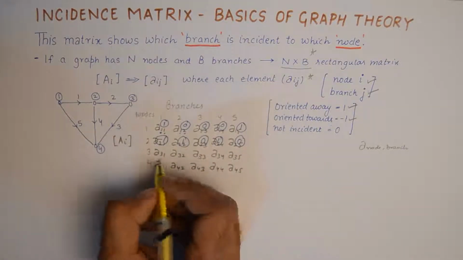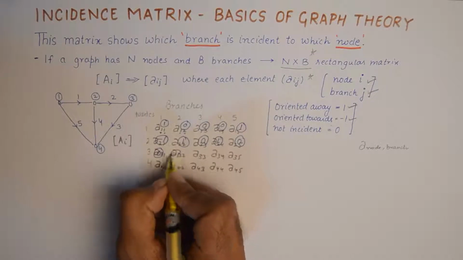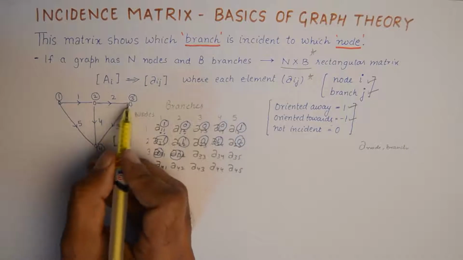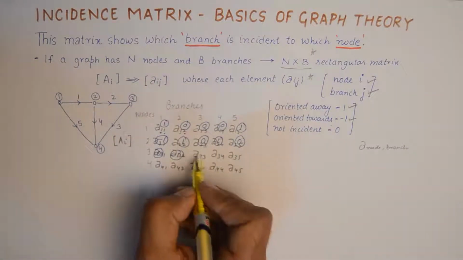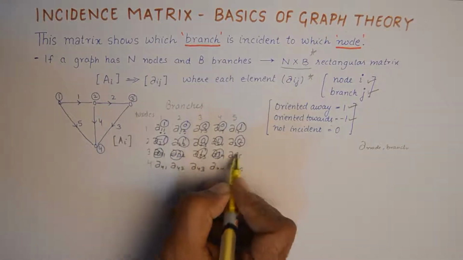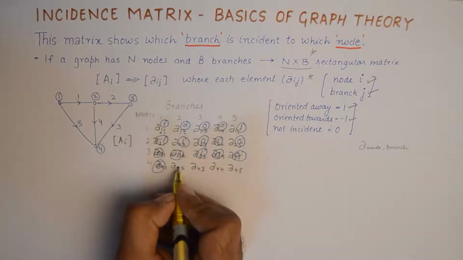And similarly you can fill the entire table. -1 because 2 sure is connected to 3 and it is oriented towards it. And a 1 and a 0 and a 0. You should see it for yourself.